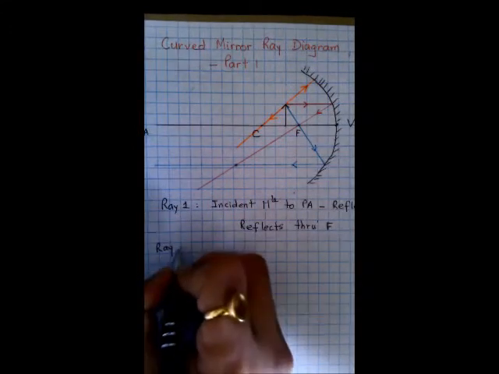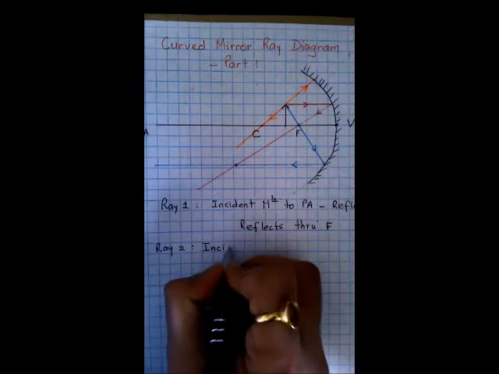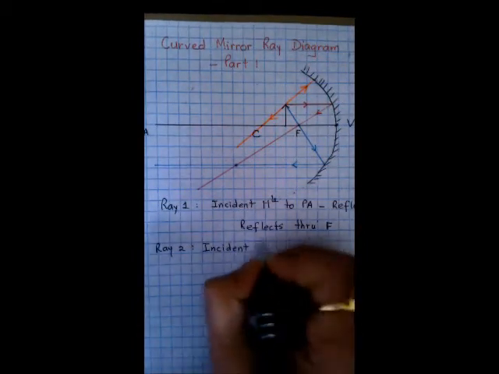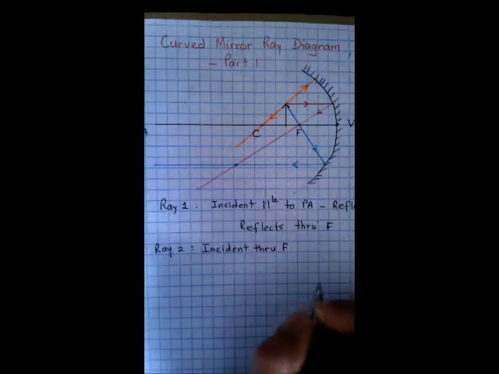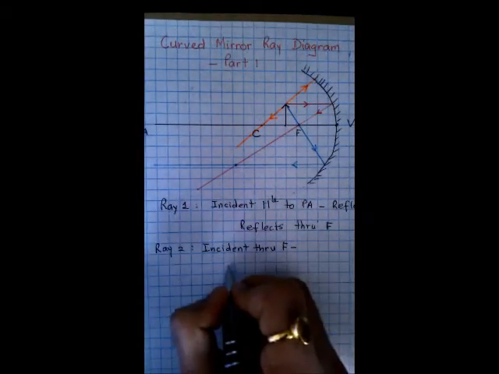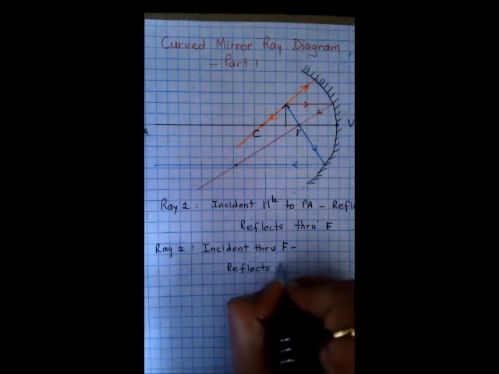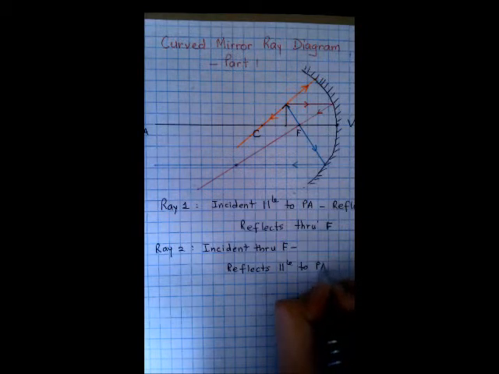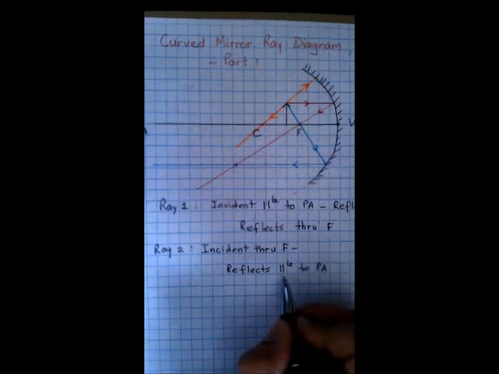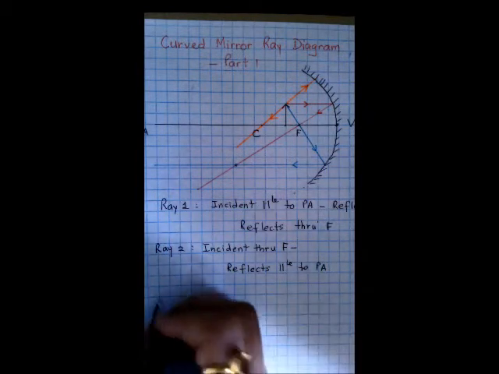Ray number 2, incident through focus, and reflects out parallel to principal axis. This sign here means parallel. Reflects parallel to principal axis.